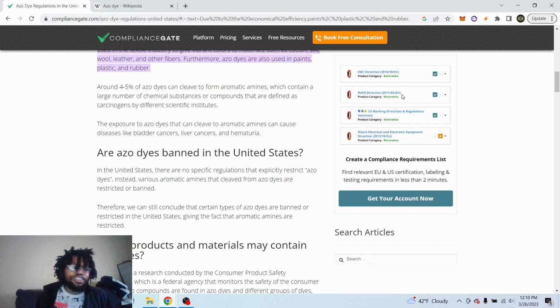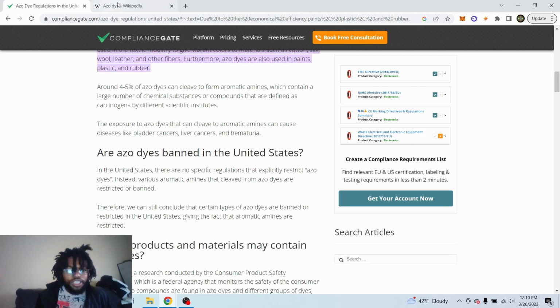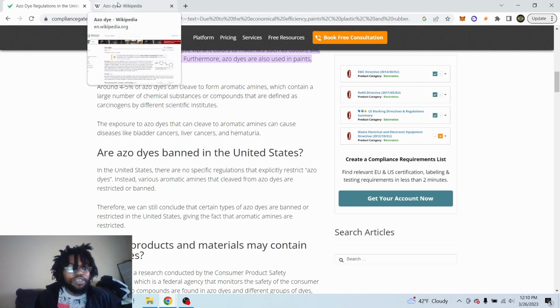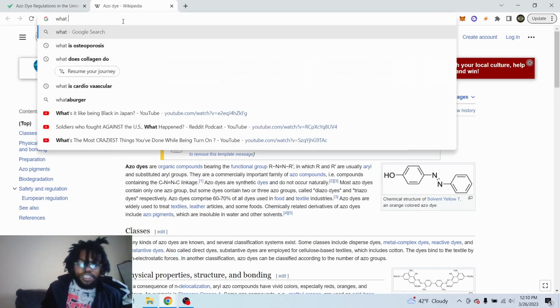So I guess the thing that you could do to try to prevent azo dye from harming you is try to buy 100% cotton white shirts. And I want to see what color shirts are before they are dyed. If it's cotton, I'm gonna guess white.